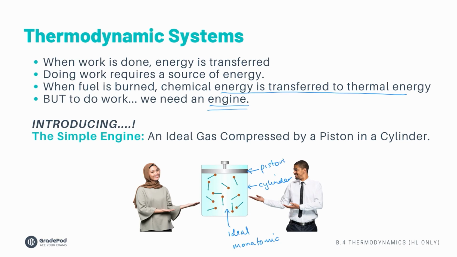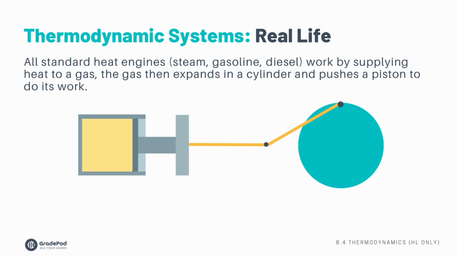That's basically thermodynamics. So when we talk about an engine, we're talking about a cylinder which has got a piston. It's a movable piston. So this piston can go up or down. And it's got an ideal gas compressed within it. Why is a piston so interesting? Well, in real life, we can use this piston to do stuff, right?